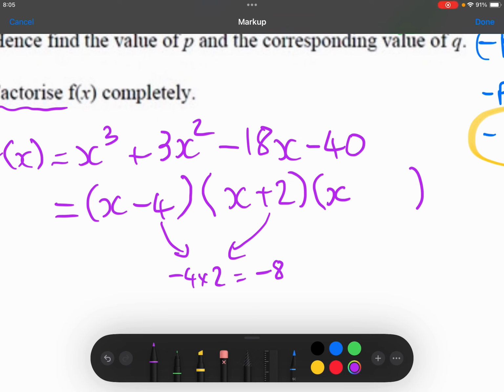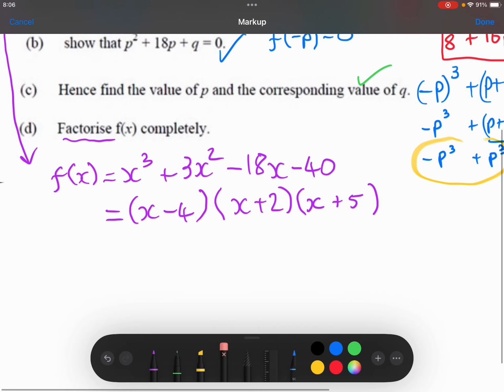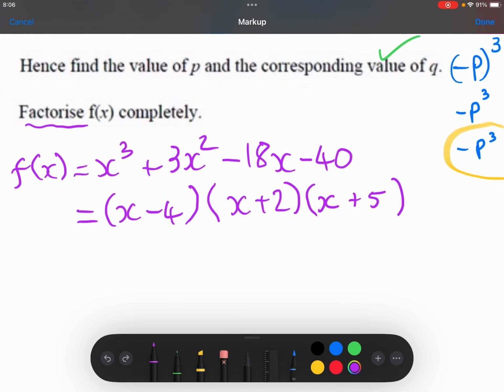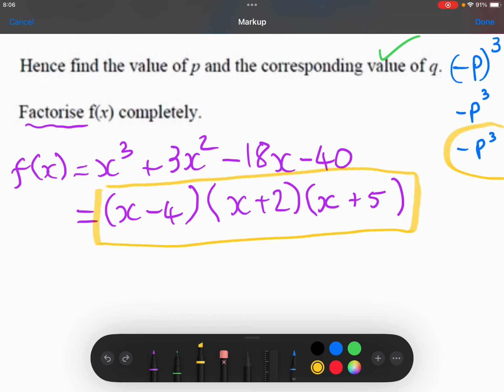So that's going to need to be multiplied by a positive 5, in order to get the minus 40 that we're expecting on the end there. So that must be the third factor, x plus 5. And if you wanted to, you could always expand that out and prove that this is the same thing as this. But that is f of x in its factorised completely form. That's my answer to part D of this question.